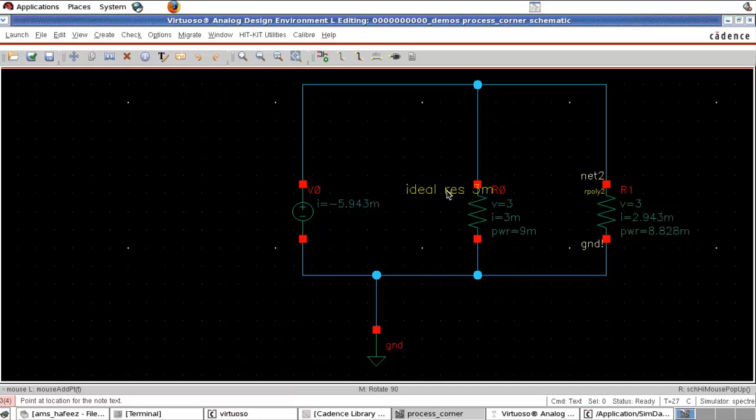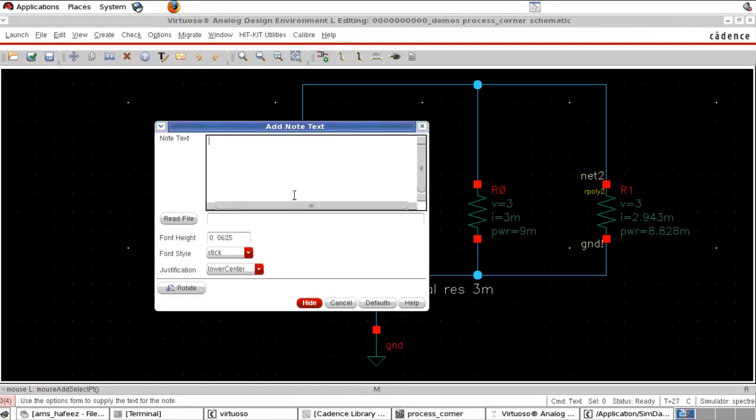So I am placing it here, and with real resistor, or we can say poly resistor, and in typical model, I am writing TM, we got 2.943 milliampere.